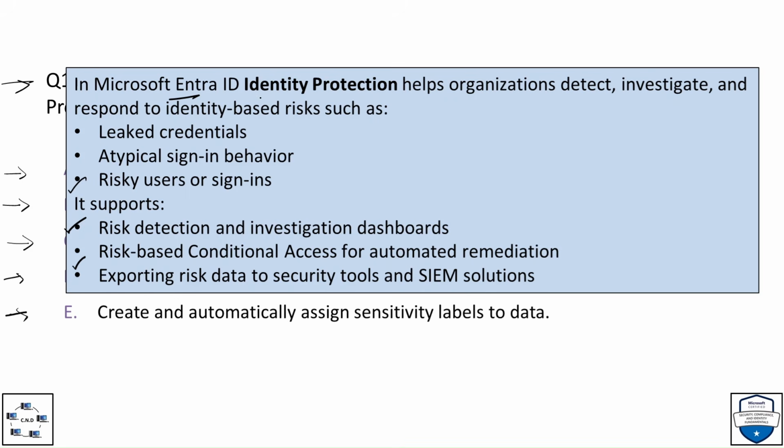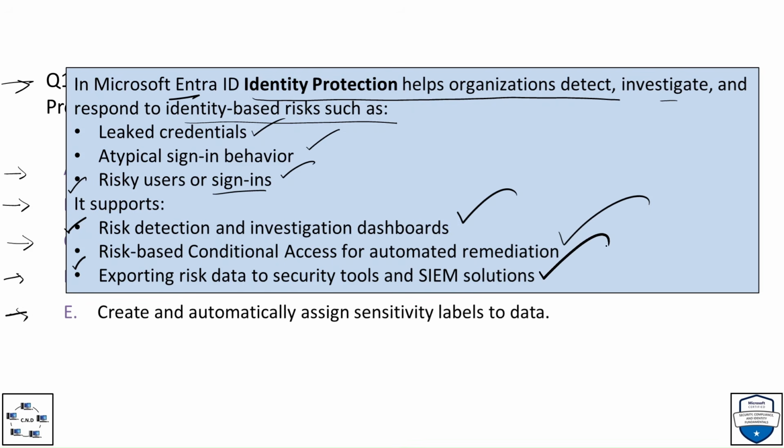So in Microsoft Entra ID, Identity Protection helps organizations detect, investigate, and respond to identity-based risks such as leaked credentials, atypical sign-in behavior, and risky users or sign-ins. It supports risk detection and investigation dashboards, risk-based conditional access for automated remediation, and exporting risk-based data to security tools and SIEM solutions.